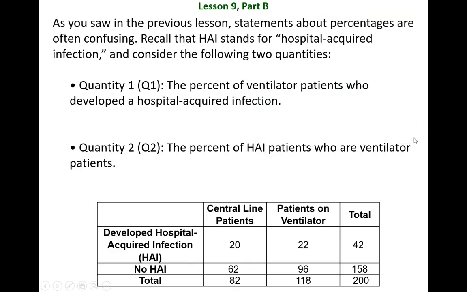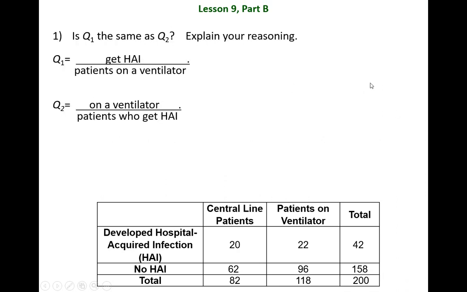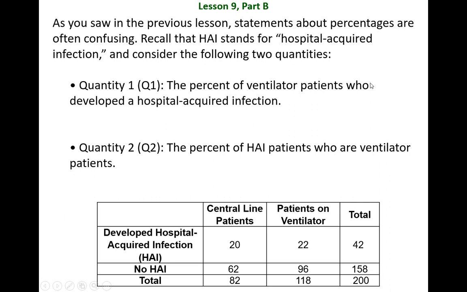It says, as you saw in the previous lesson, statements about percentages are often confusing. Recall that HAI stands for hospital-acquired infection and consider the following two quantities. Quantity 1, the percent of ventilator patients who developed a hospital-acquired infection. The percent of ventilator patients who got an infection.